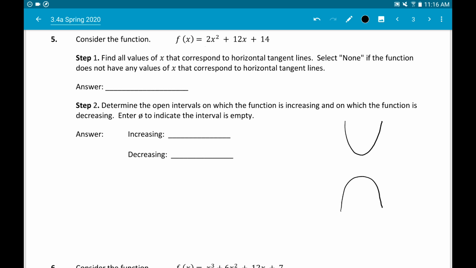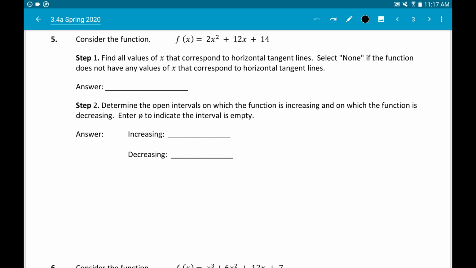Basically, if the coefficient in front of the x squared was positive, it looked like this. If it were negative, on the other hand, then it would be flipped over. Okay? So we kind of remember that from algebra, but again, even if we don't remember that, we can still use calculus to figure out where it's increasing and decreasing.